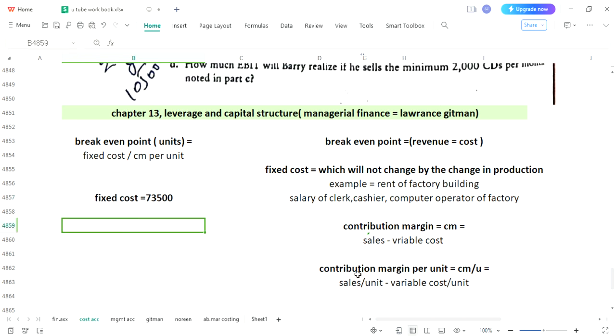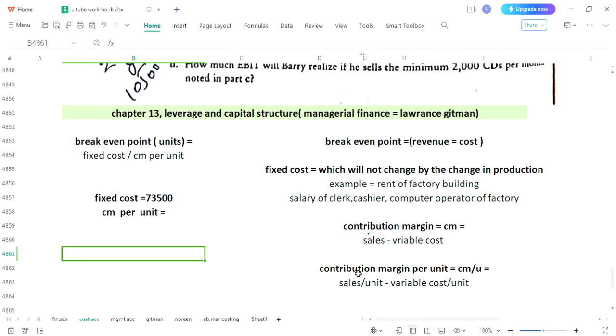CM per unit. Abbreviation can be used right now. CM per unit is needed, and for this we will calculate CM per unit. You need to subtract sales per unit and variable cost per unit.